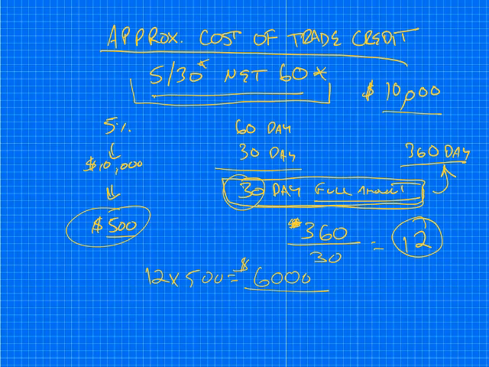So with $6,000, if you wanted to say what is the approximate cost of trade credit from a dollar perspective, roughly you're looking at $6,000. Again, this is if it was annualized, something continued throughout a given year.